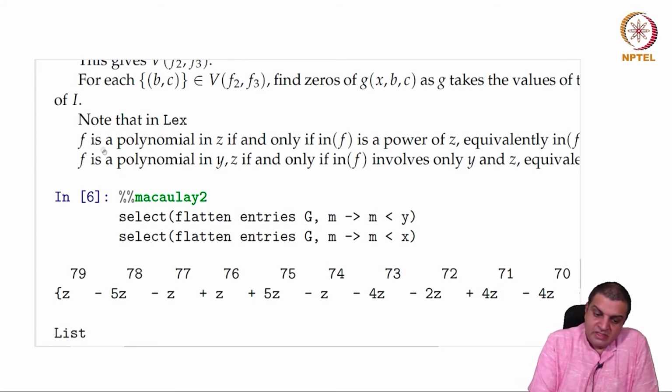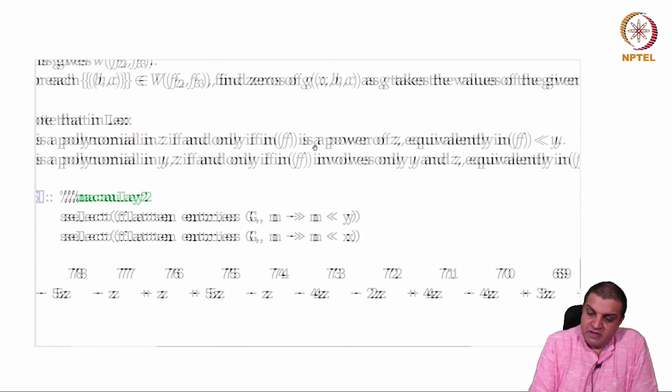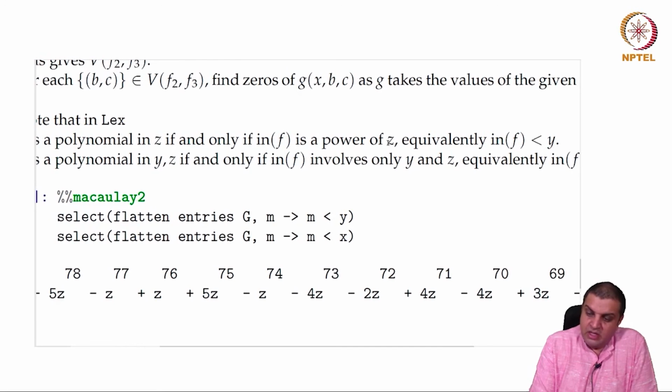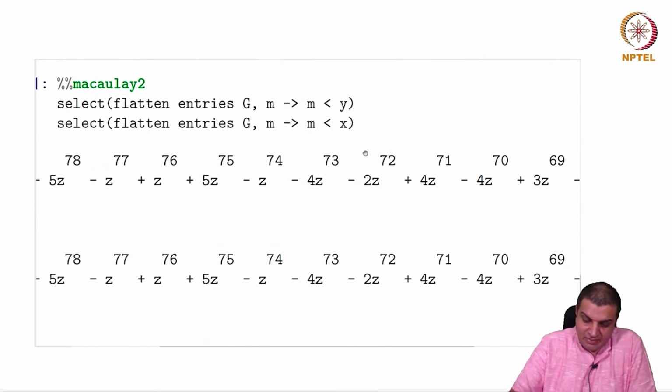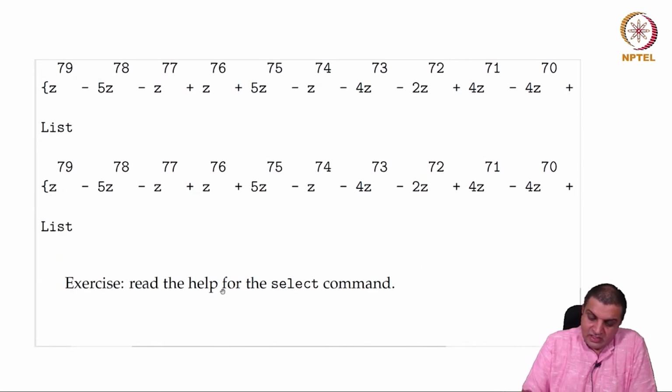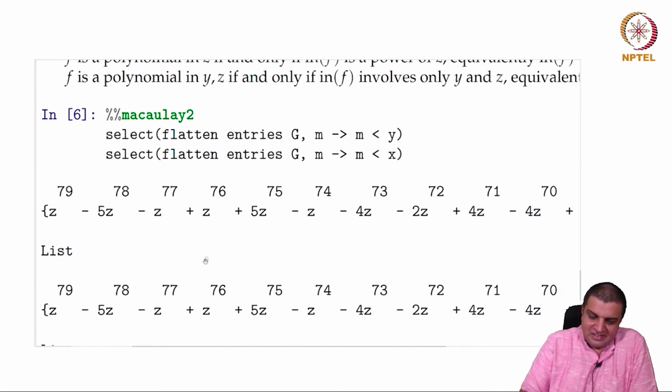The observation is that f is a polynomial in z if and only if in(f) is a power of z, and that is true if and only if in(f) is less than y. That's what we have asked here. This is something called the select command. The exercise is to open a Macaulay2 session, read the help for the select command, and understand how it is done.